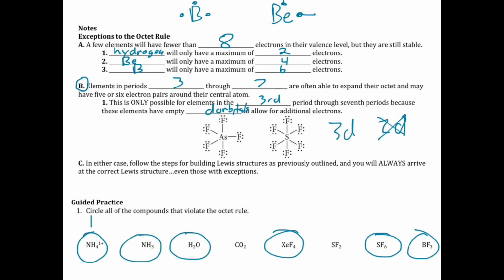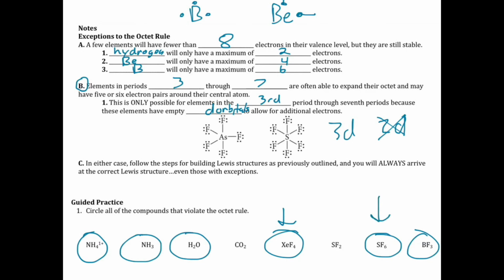Next, this one is also violating the octet rule because nitrogen typically makes 3 bonds, but it's making, or actually, that one's, I'm sorry, I take that back. This one is violating the octet rule because xenon actually doesn't make any bond because it's a noble gas, but it is somehow making bonds here because, again, it has those empty d orbitals for the extra electrons to go.